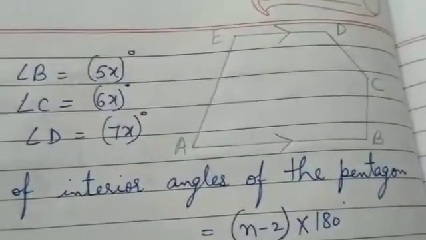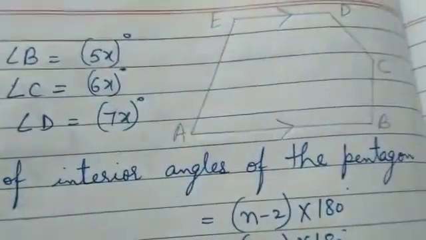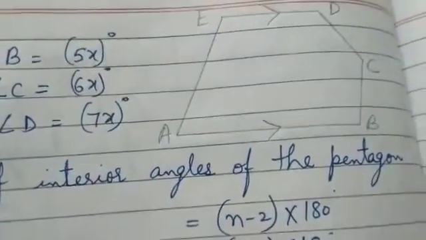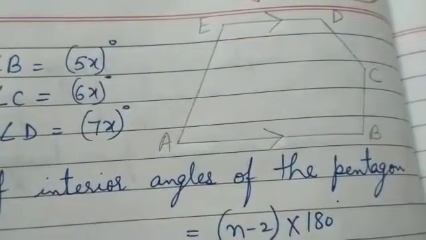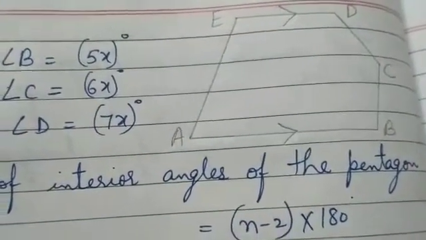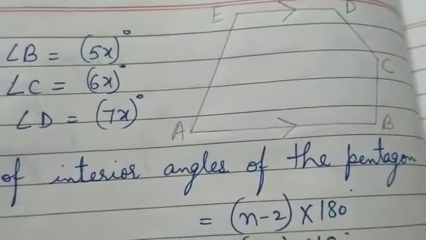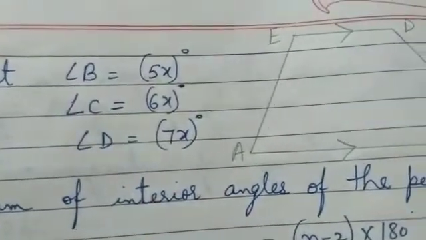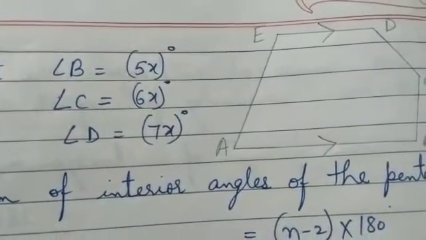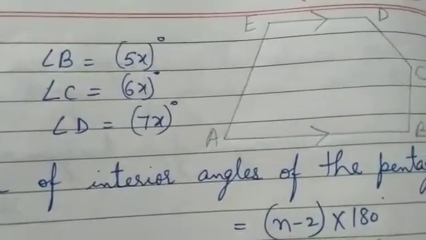So see the figure, this figure is given, A, B, C, D, E. It is a pentagon, where AB and ED are parallel to each other. So here we can suppose angle B as 5x degree, angle C as 6x degree, and angle D as 7x degree.